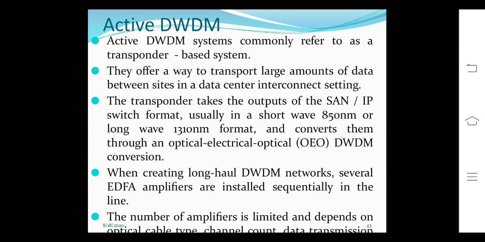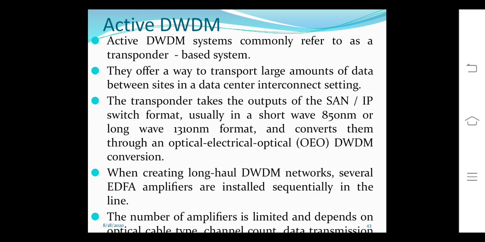Next, coming to the active DWDM. Active DWDM systems are commonly referred to as transponder based systems. They offer a way to transport large amounts of data between sites in a data center interconnect setting.